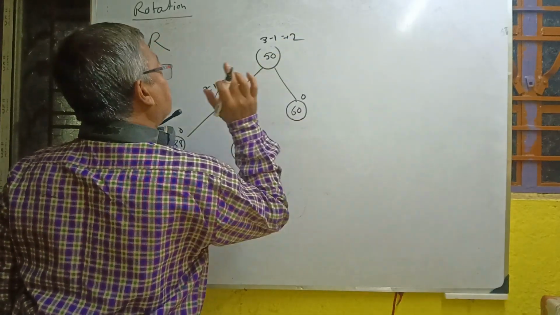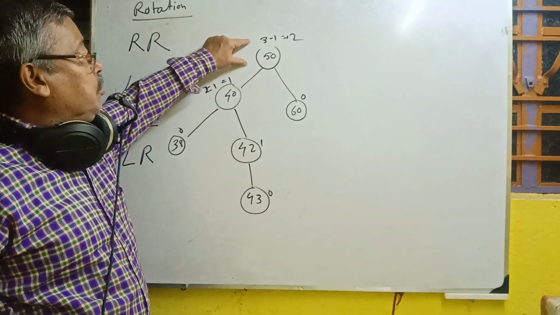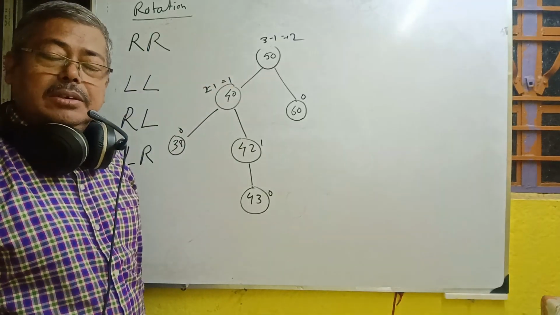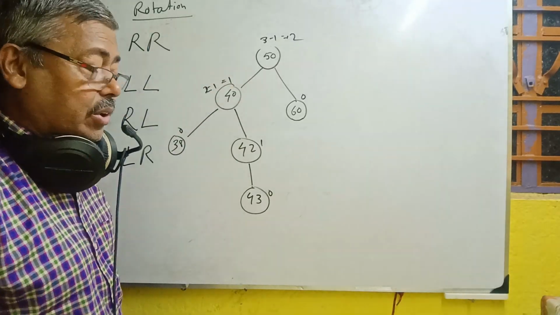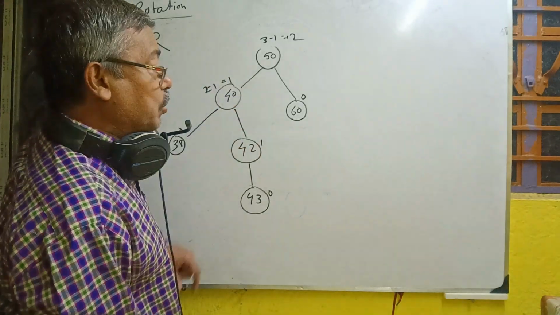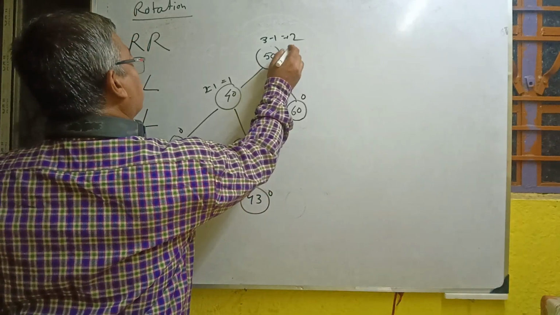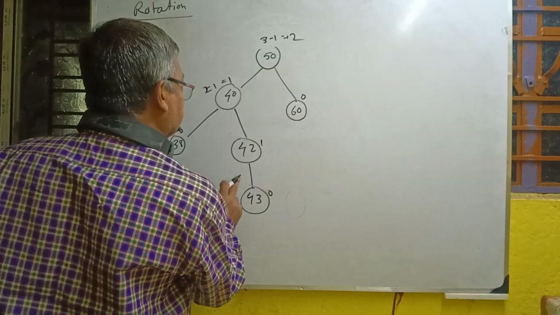Balance factor of 60 is 0. So at that point it loses balance at node 50. So it is not an AVL tree, it is only a binary search tree. Now we have to convert this tree to an AVL tree by rotation. The balance is lost due to inserting this node.